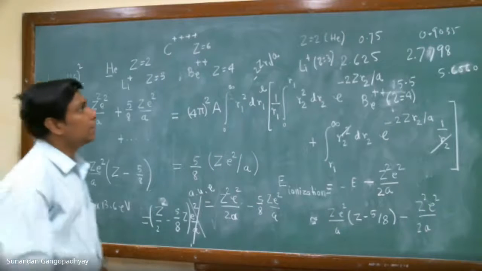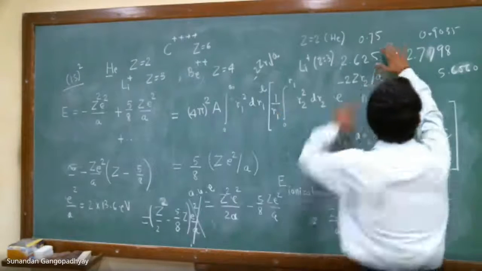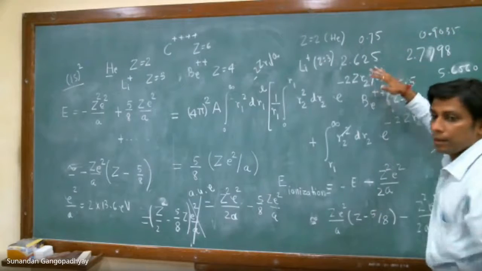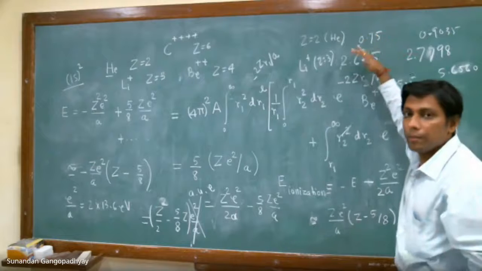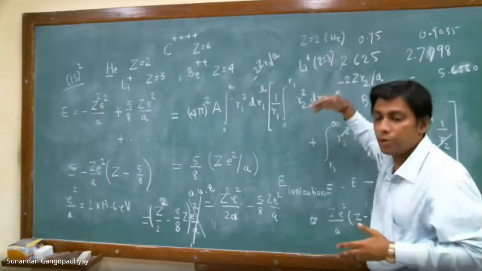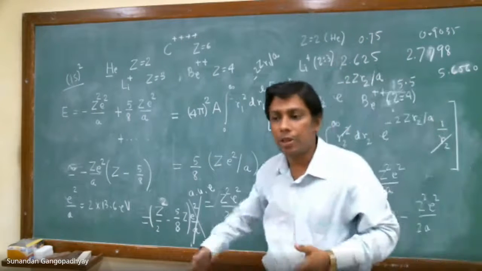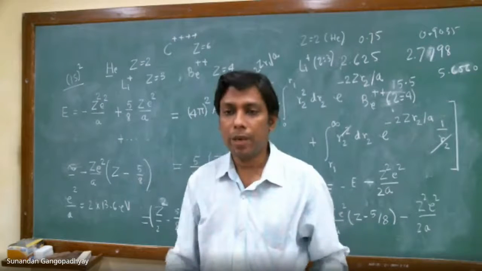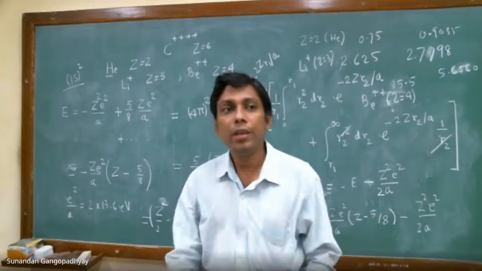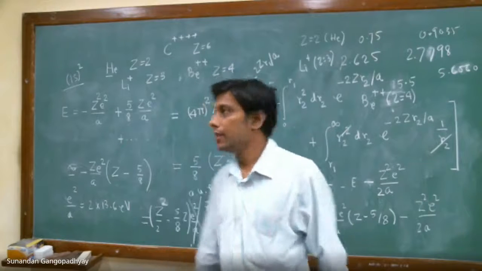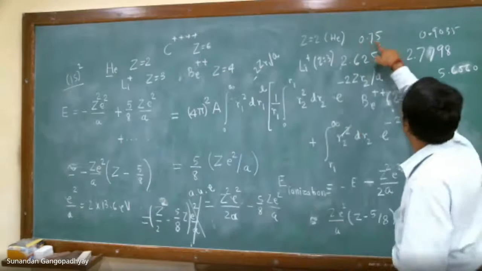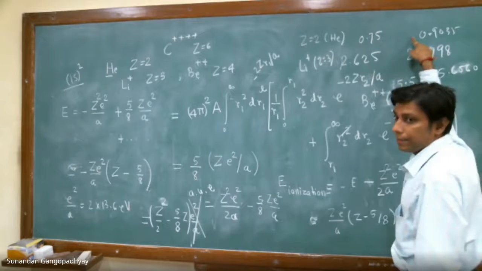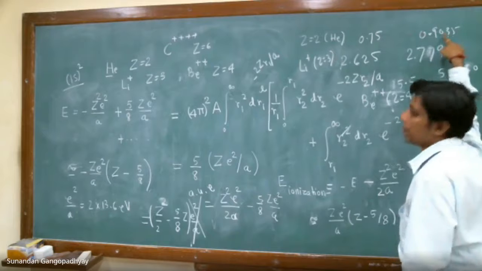So you can see that this is quite nice. This matches with the experimental results, but the agreement between the theoretical and experimentally measured values gets much better when you increase the value of Z. For Z is equal to 2 helium, it is 0.75 versus 0.9035.